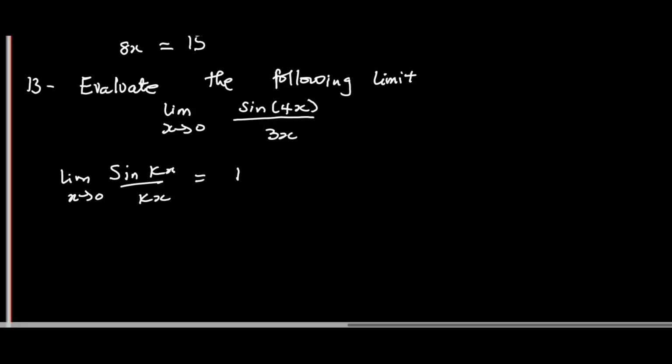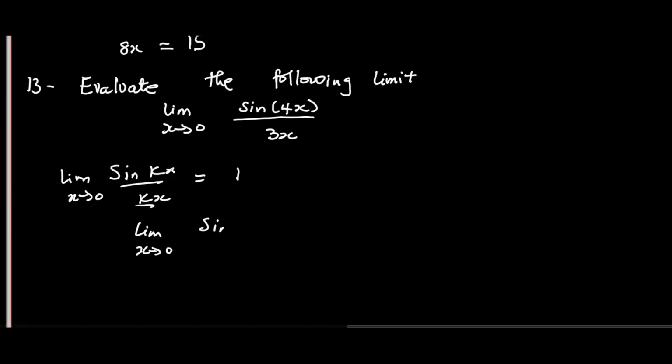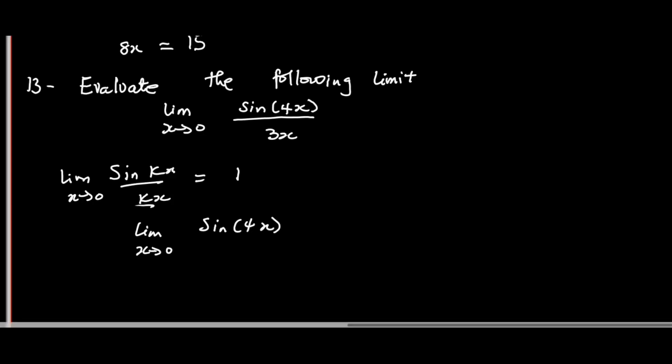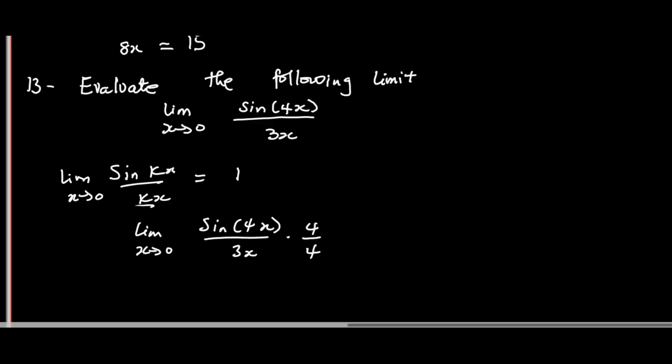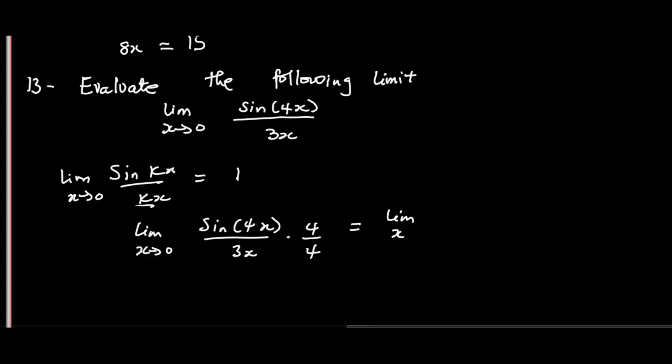So in our case, we are going to apply that principle. We have to rewrite this function in such a way that we get sine of something, and that same thing should be the denominator. How do we do that? We multiply through by the constant, and that gives us the limit as x approaches 0 of sine 4x over 3x times 4 over 4.